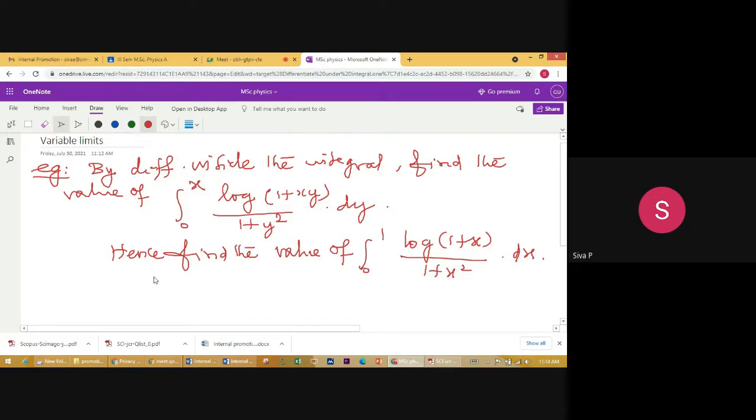This is the problem. See, the first sum is based on that variable limit. The second sum is based on the constant limit. Okay, write the solution.